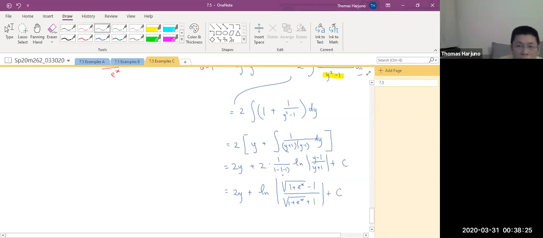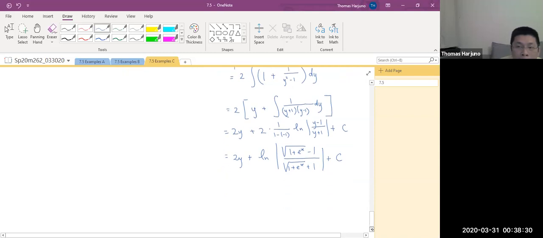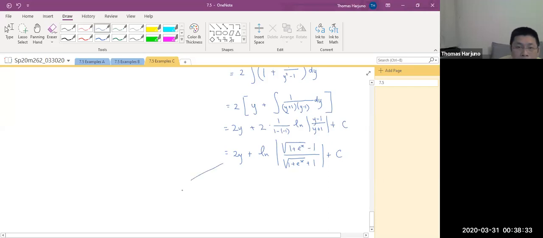And actually, you can simplify further from here. Imagine if I multiply the top and the bottom by the conjugate. At the bottom I will get 1 plus e to the x minus 1, while on the top I will get the square root of 1 plus e to the x minus 1, squared.